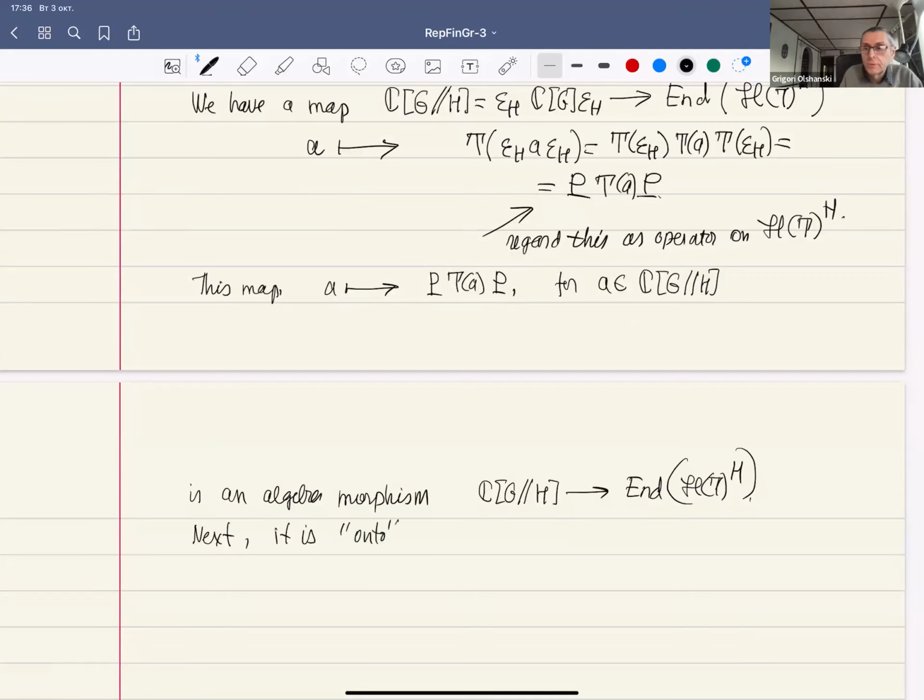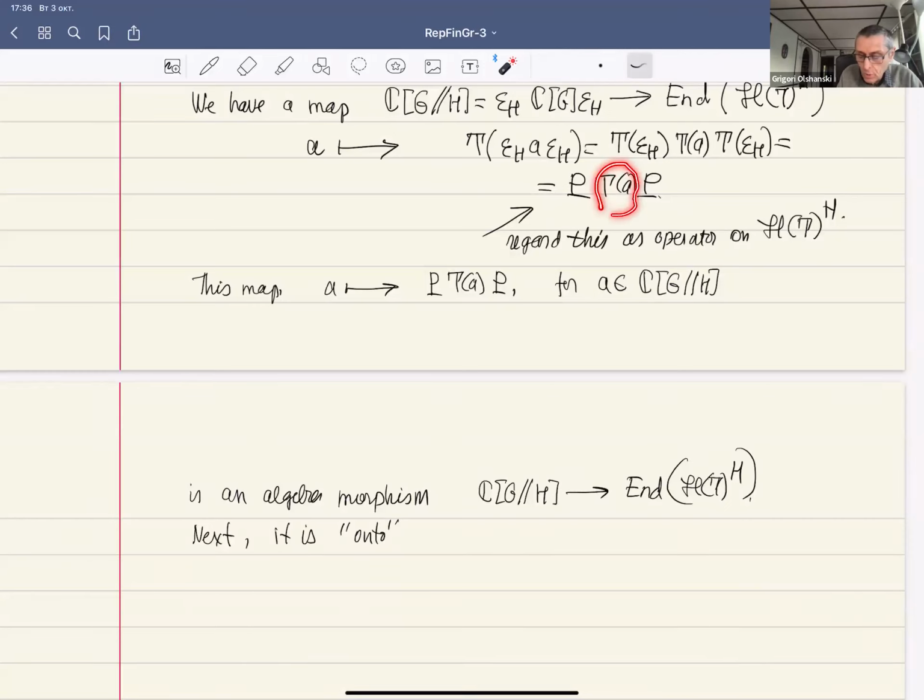It is surjective. Why? Very simple, because as A ranges over the whole group algebra, we apply the Burnside theorem.